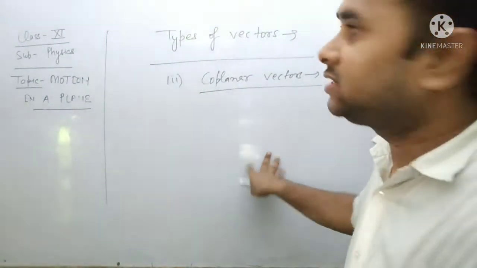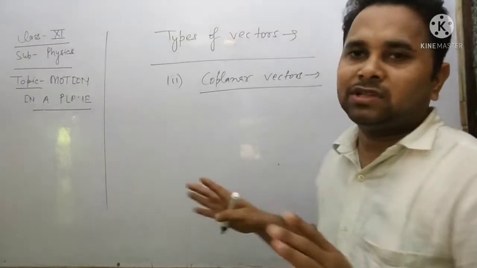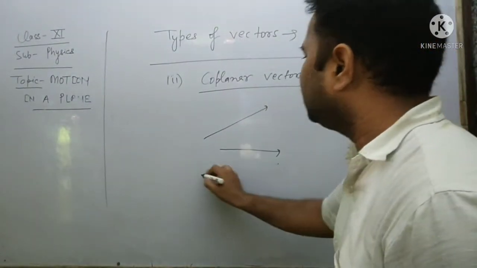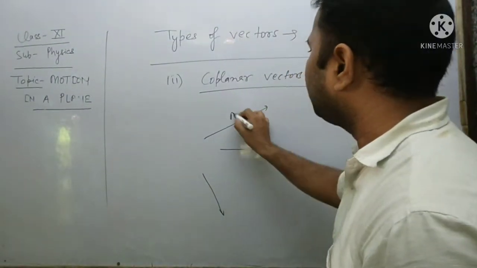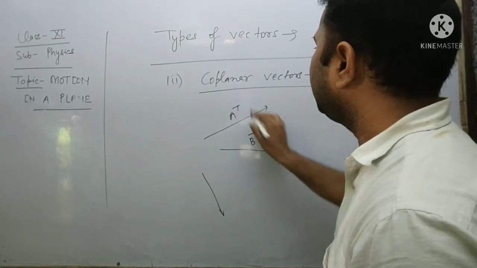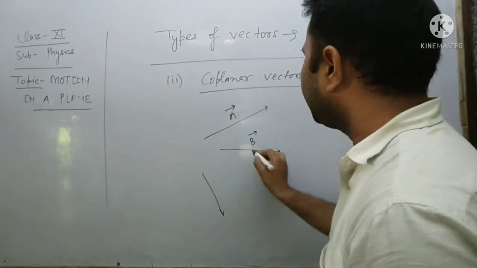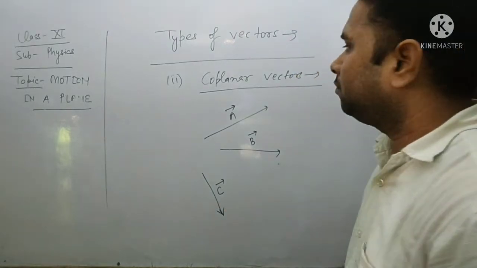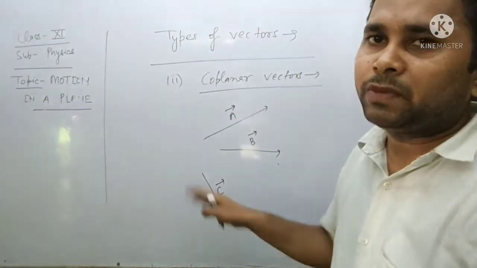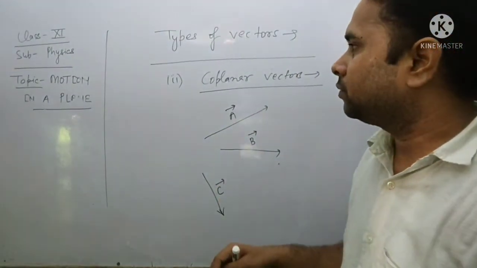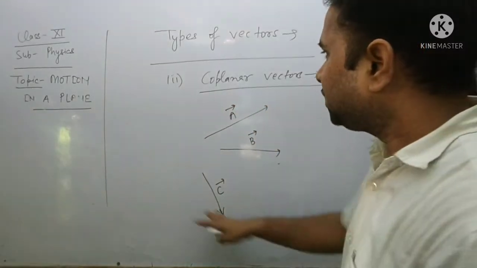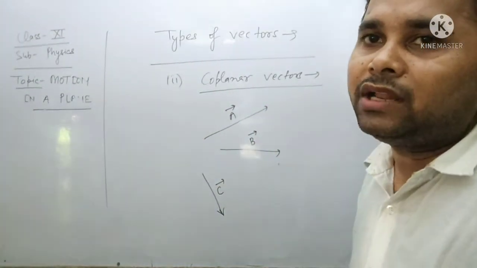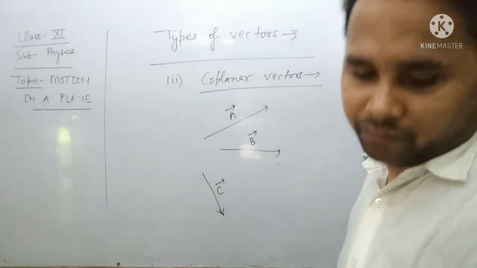Suppose this whiteboard is a plane, and many vectors we can draw: vector A, vector B, vector C. Many vectors we can draw in this plane, on this board. So all these vectors are coplanar. Coplanar means the vectors which are in the same plane.